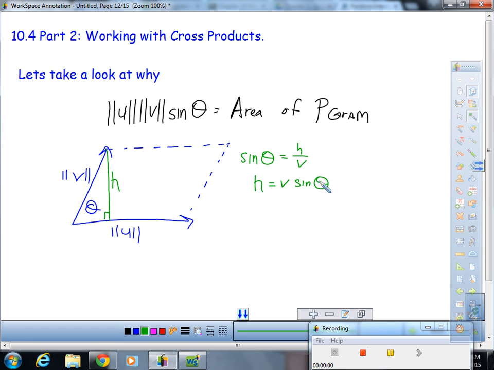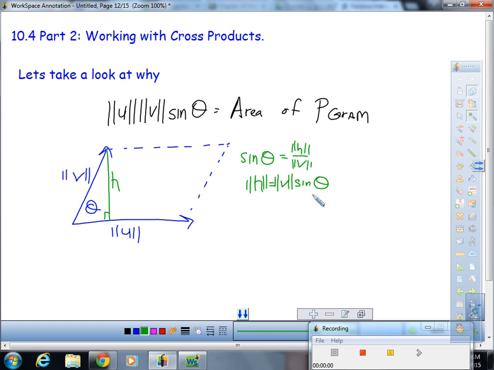Now we've got to be careful because when we talk about v, we're talking about the hypotenuse, and when we were talking about SOHCAHTOA, we really only cared about the magnitude of the hypotenuse. So these are all magnitudes now. That's what gets confusing. We're working with numbers when we do trig, not vectors. So we now get that h is the magnitude of v times the sine of theta.